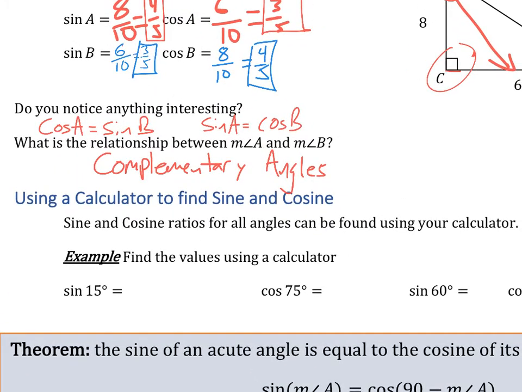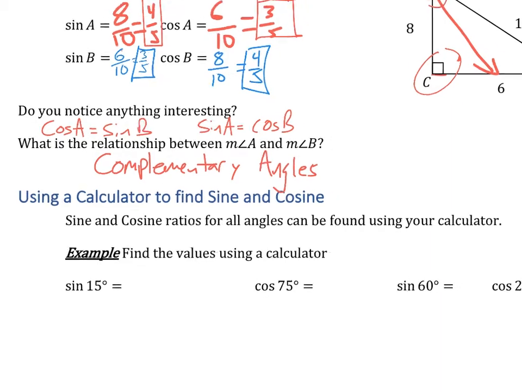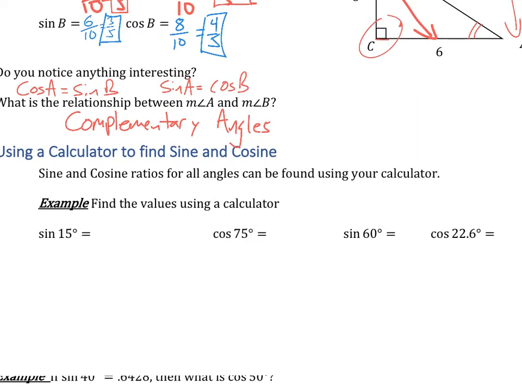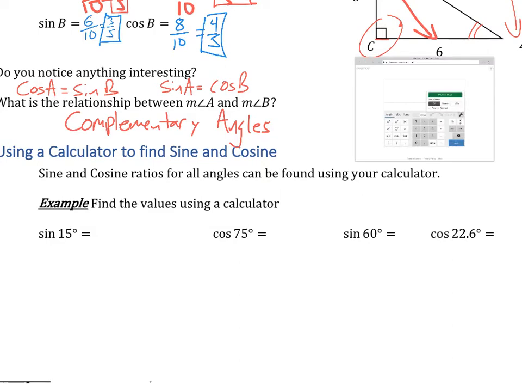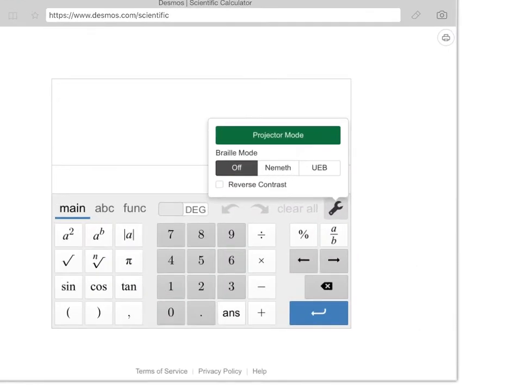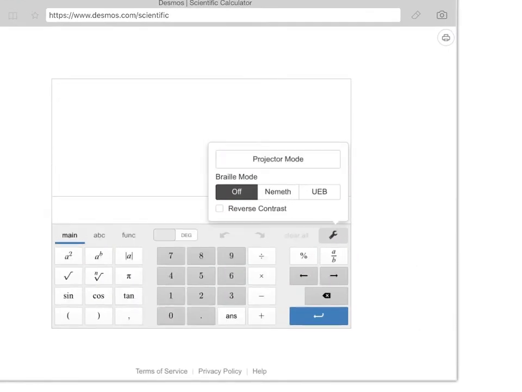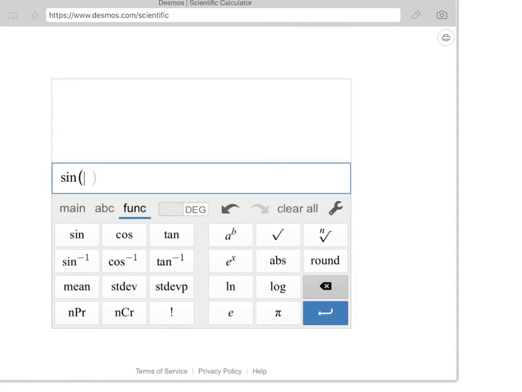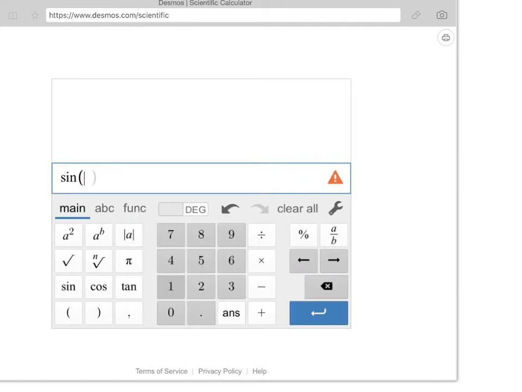Okay, and so now let's go to our calculator here, and we'll pull out a calculator for this. All right, we have the sine of 15. Let's check out our calculator. We've got projector mode. We've got the sine. That's under functions if you're using Desmos. The sine of 15 degrees.